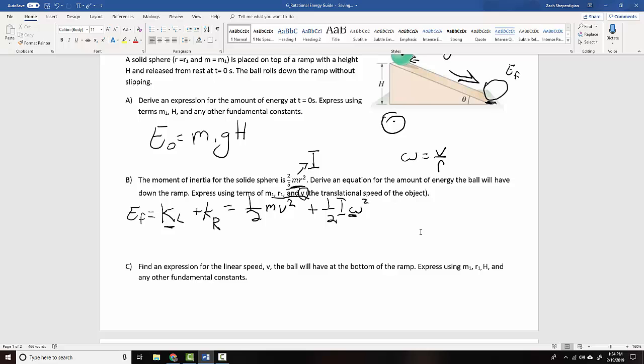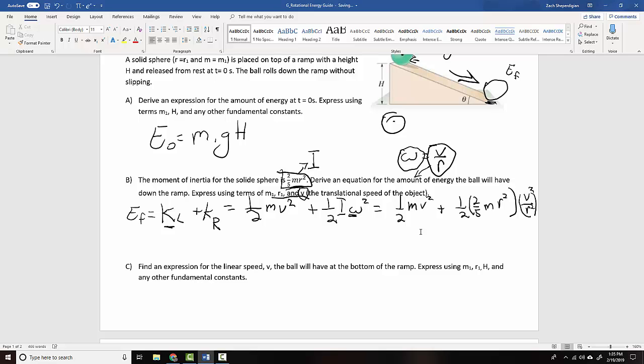So I'm going to substitute this in for omega, and I'm going to substitute this moment of inertia for our I, which will hopefully give us all the terms that we are looking for. Plus 1/2, 2/5 mr squared, and then this is where it gets messy, v squared over r squared.